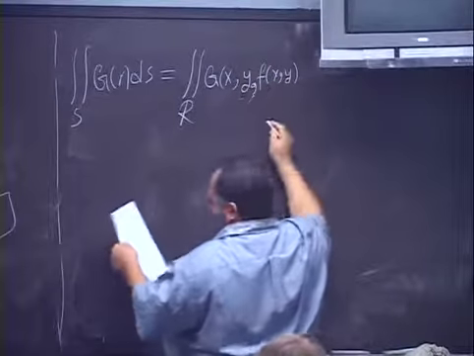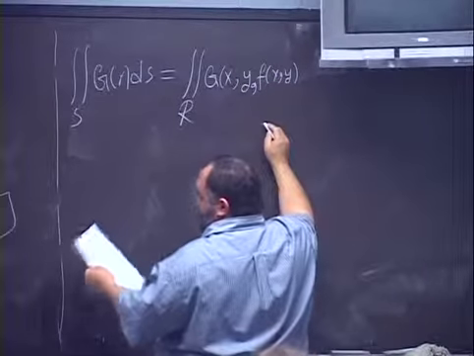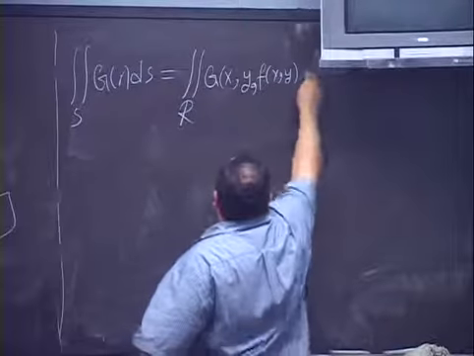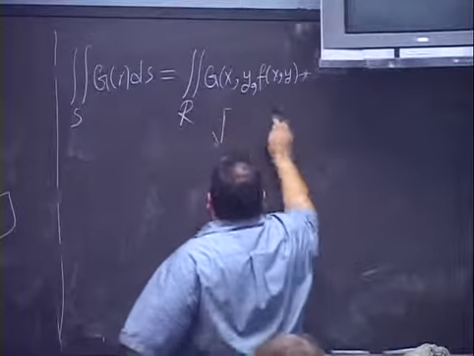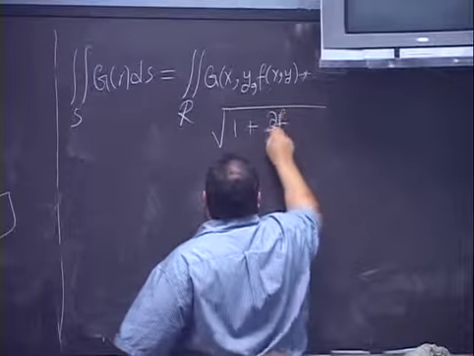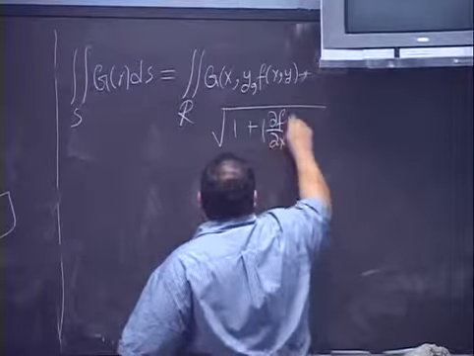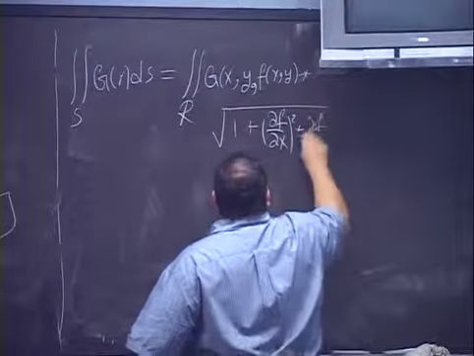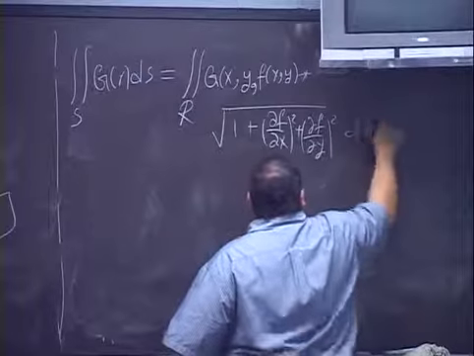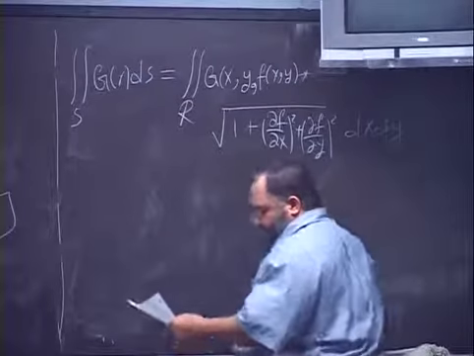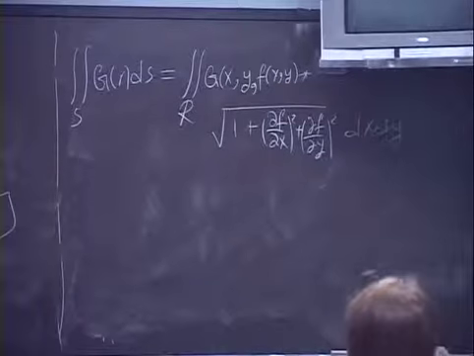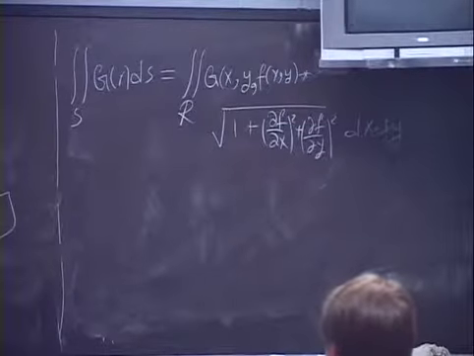A function of x and y. And what's n now? N is equal to what? Guys, what's n? The square root of 1 plus df by dx whole squared plus df by dy whole squared, dx dy. So this is if you have an explicit representation for a function instead of a parametric representation.